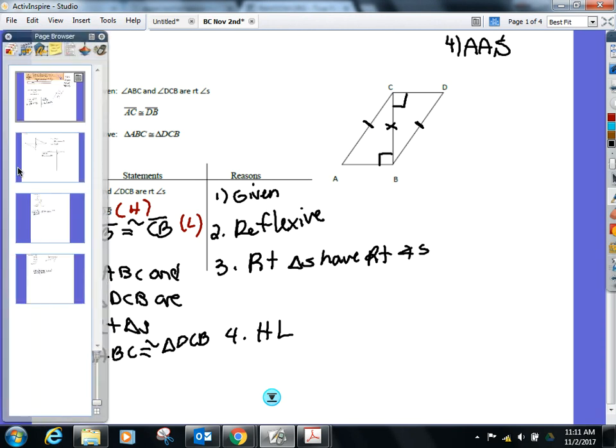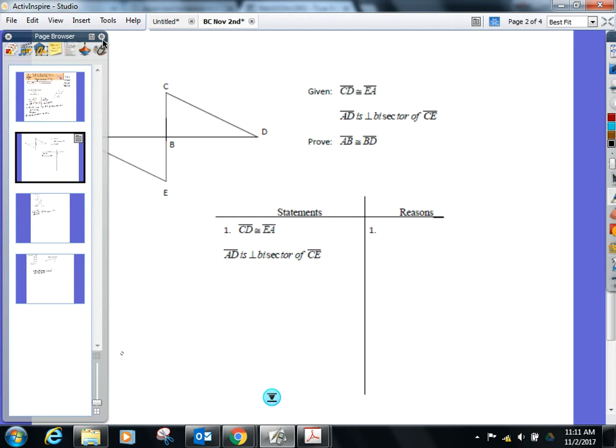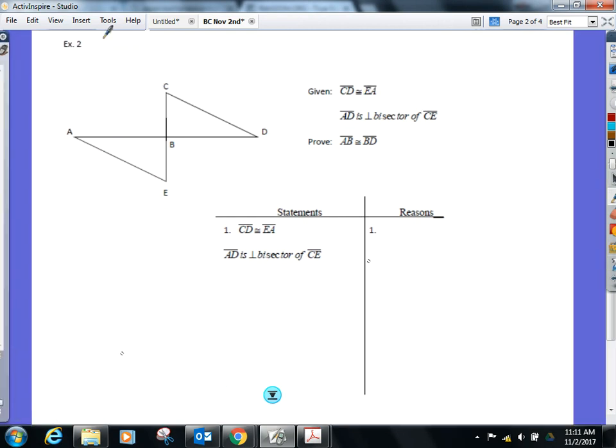We're just going to keep increasing in difficulty here today. I'll let you mark your diagram, and then we'll discuss C, D, E, A.